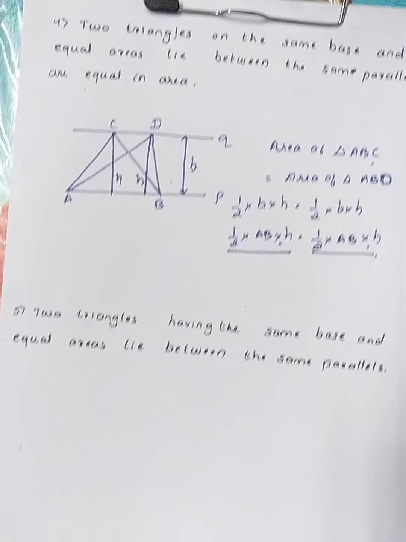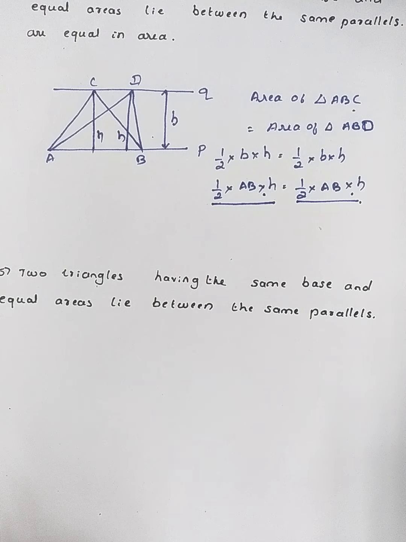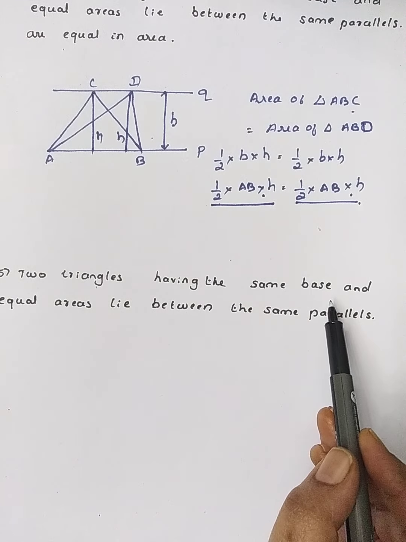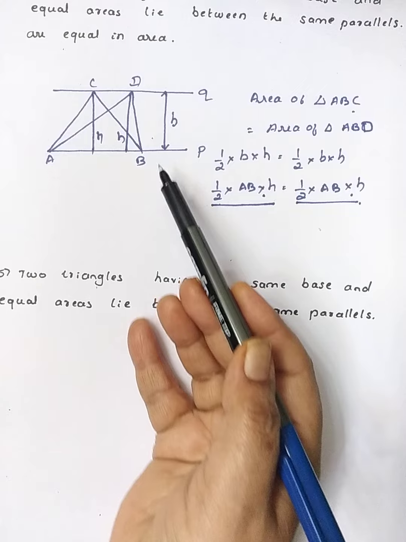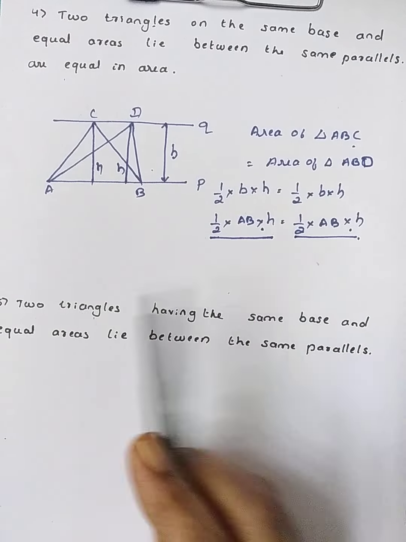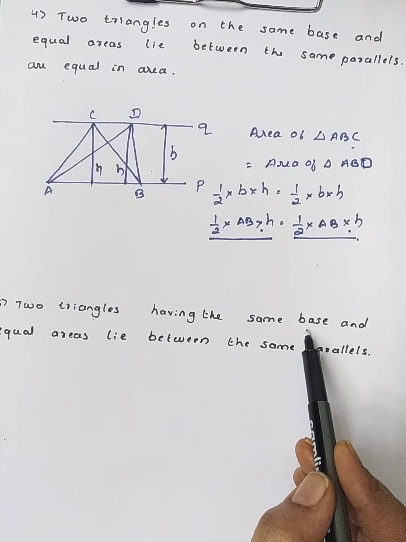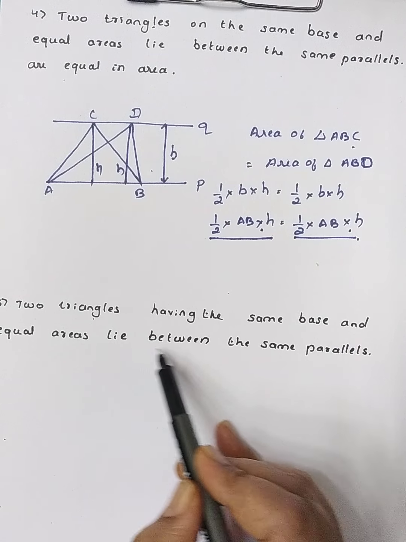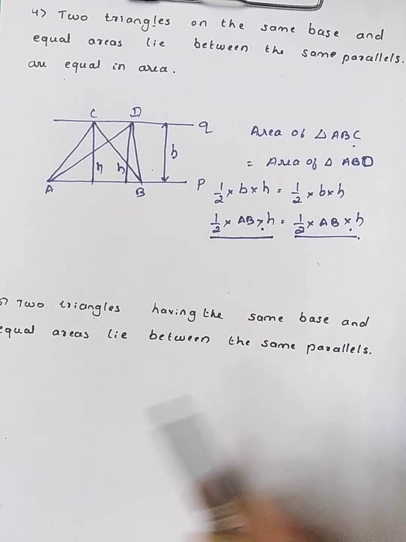And the last one is the converse of the above statement: two triangles having the same base and equal areas lie between the same parallels.